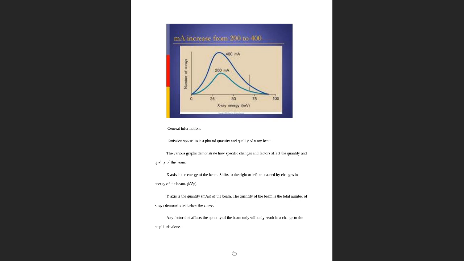As for the target material that we use, we know we don't go from one type of target material to another, right? So all we can do is compare different target materials that are used in our modality. We use tungsten, right? We don't change off the tungsten.